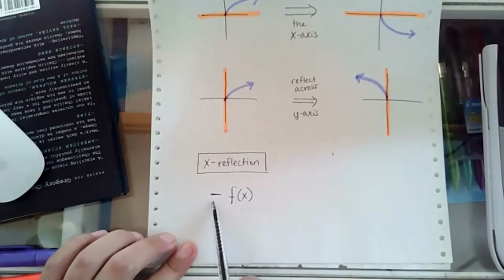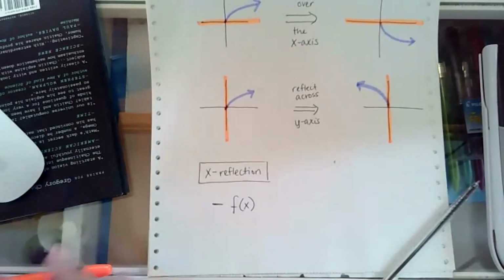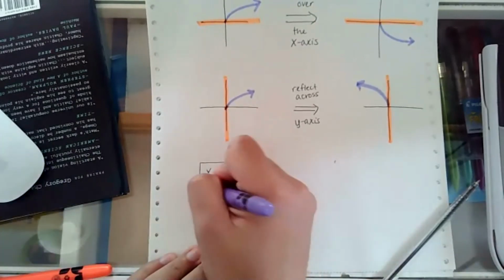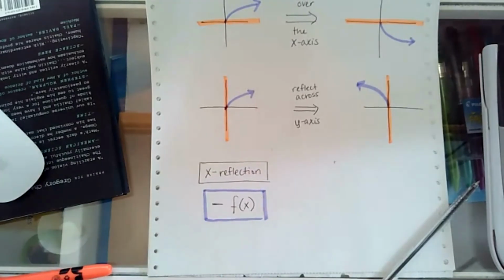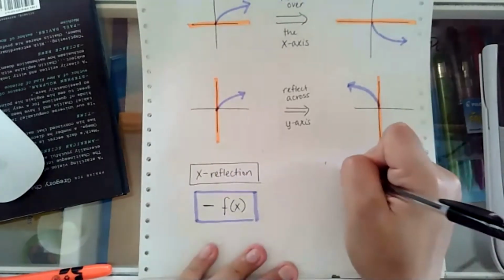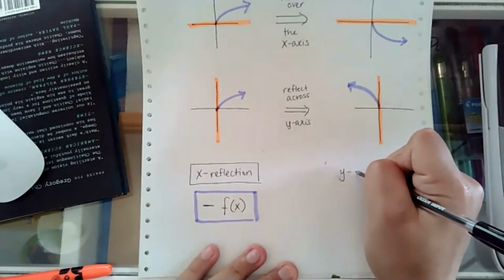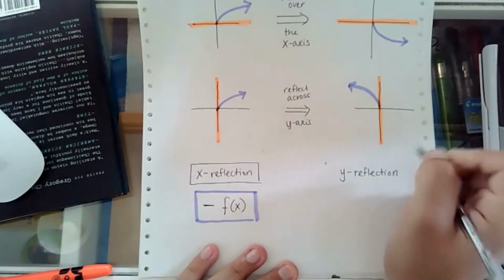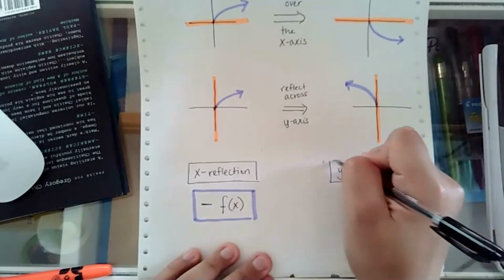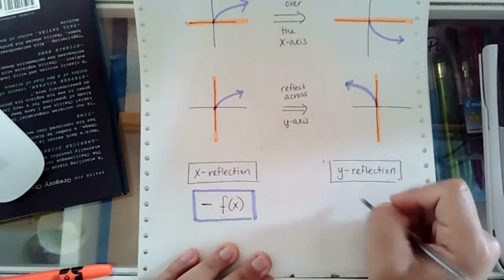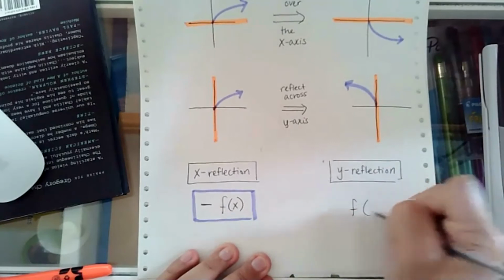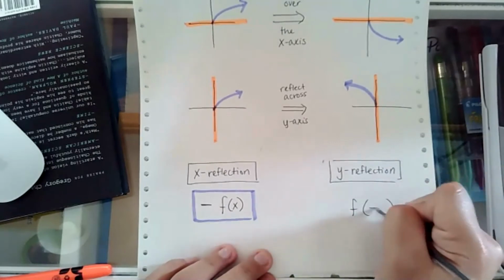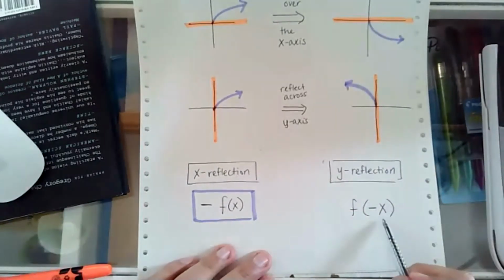So usually we just put a negative in front of the function values. And then if you want a reflection about the y-axis, so a y reflection, then you multiply the input by a -1.